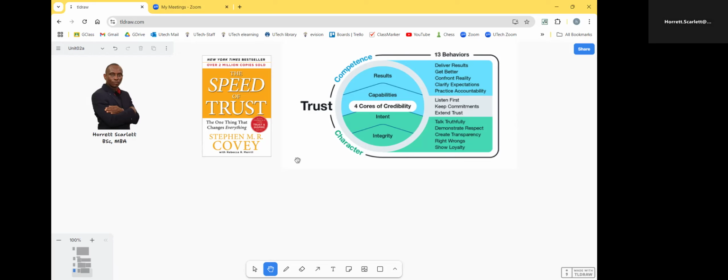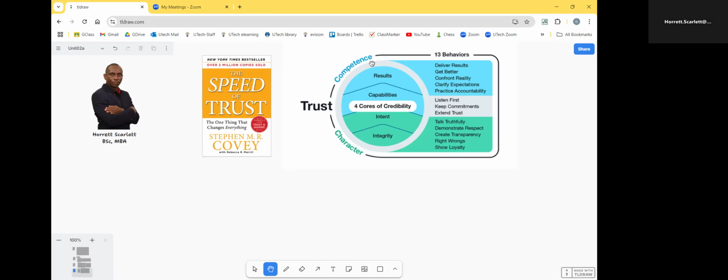And there are two pillars that give credence to trust. One being character, and the other being competence. Competence is, are we able to do what we say we can do with the right amount of performance, with the right amount of efficacy?